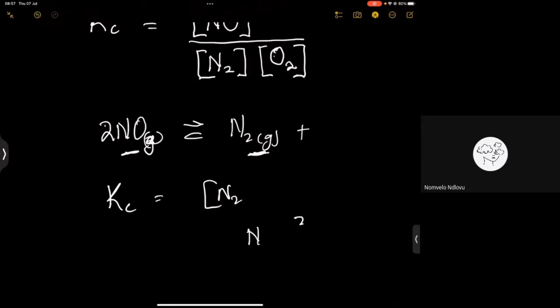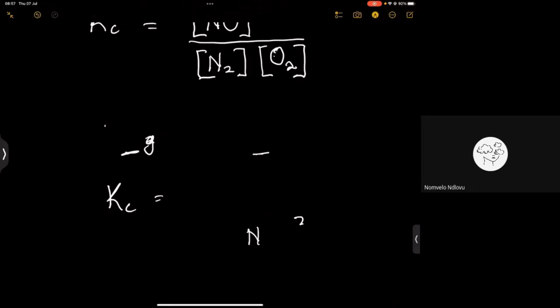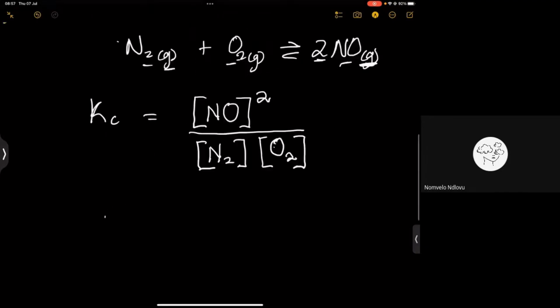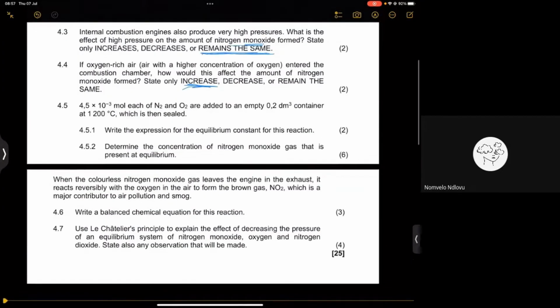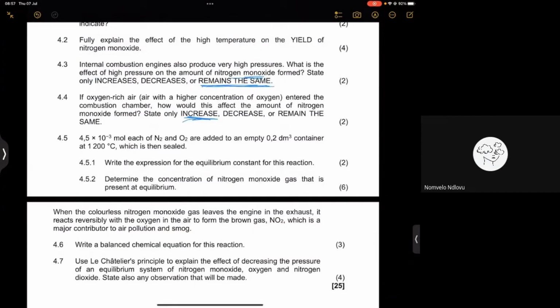Okay. Now let's go to the Kc calculation. Right. So they told us, remember, we've got 4.5 times 10 minus 3 of each that were added to an empty container.